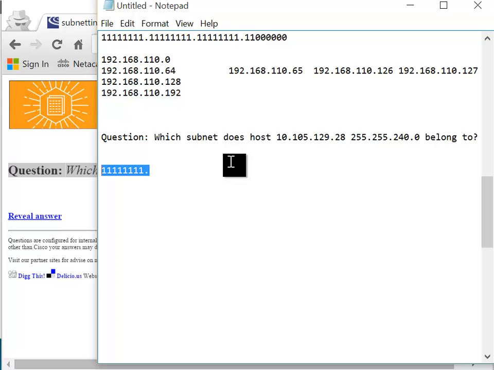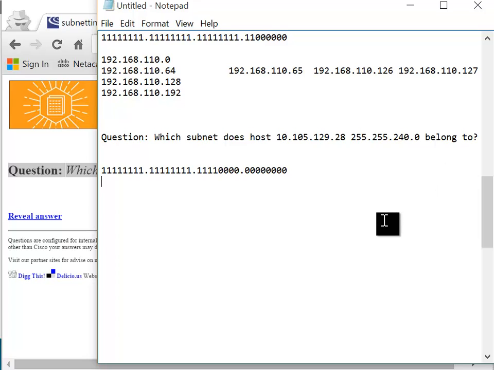If I copy this, that's 8, 16, 17, 18, 19, 20. That's 240. And 1, 2, 3, 4, 1, 2, 3, 4, 5, 6, 7, 8. Because here 128 plus 64 is 192, plus 32 is 224, plus 16 is 240.